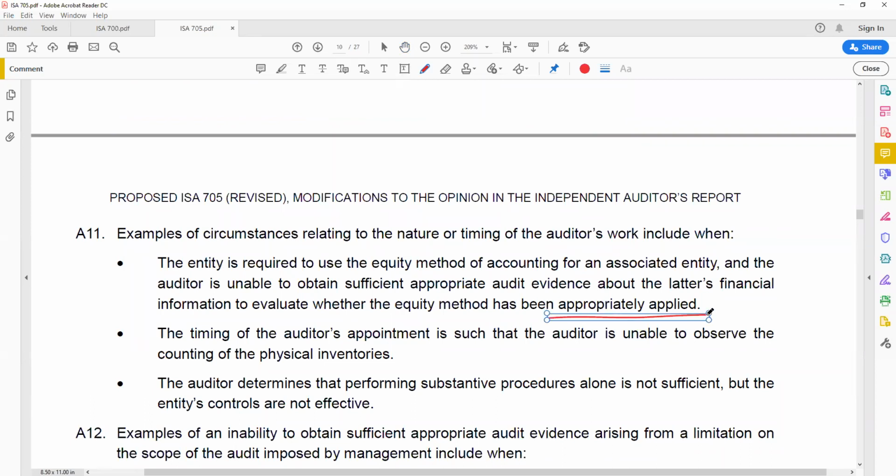On appointment, you may get appointed at a time when you can't perform substantive procedures that require a lot of time, for example the inventory count, maybe even the cash count. In some situations, at the time you get appointed you can't even perform tests of controls. That means the timing itself is a scope limitation.